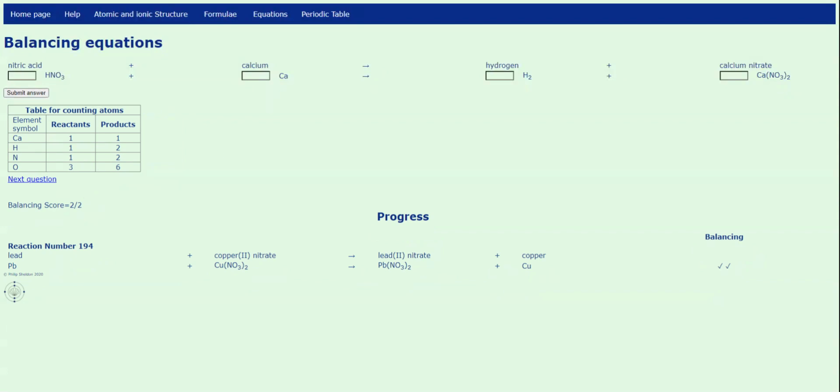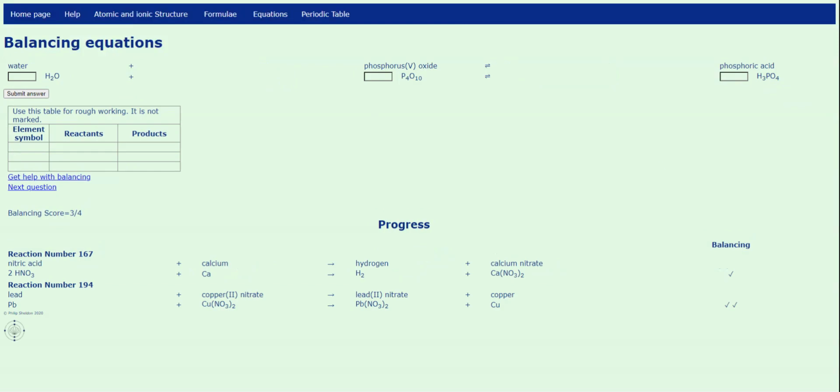So if I put a 2 in front there, you can see that the table has now updated, and we can see that it is a balanced equation. So I will press submit the answer. However, this time we've only got 1 mark for the balancing because we got help. You get 2 marks if you do it without help.